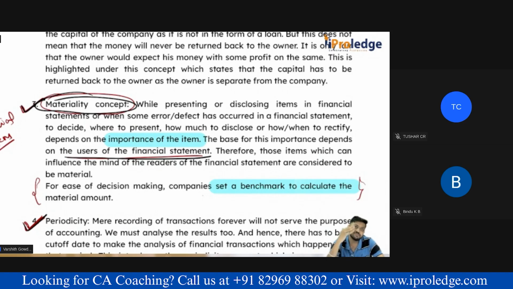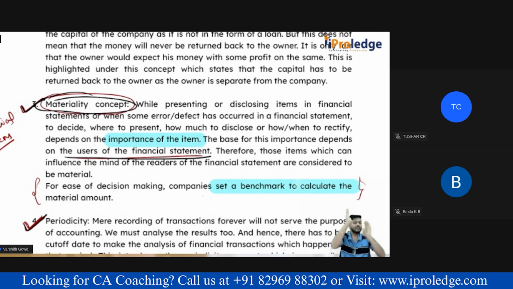Even though the assumption is going concern, we will prepare financial statements for specific periods. In our example, that is 1 year, 1 year, 1 year, 1 year. For every 1 year. For some listed entities, it's also prepared for every 6 months, 3 months, quarterly. Correct? Or if the management wants it for 6 months, we'll prepare it for 6 months also.